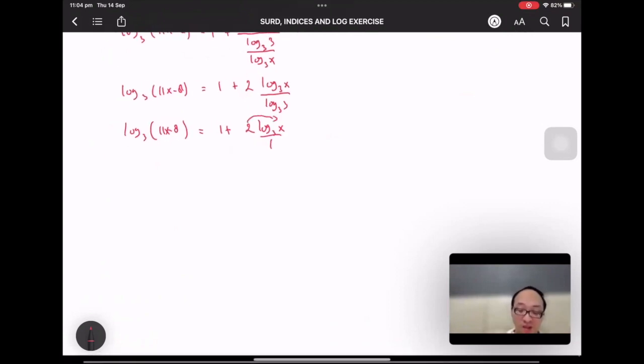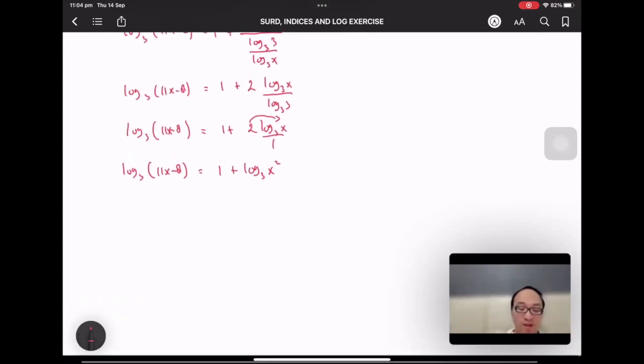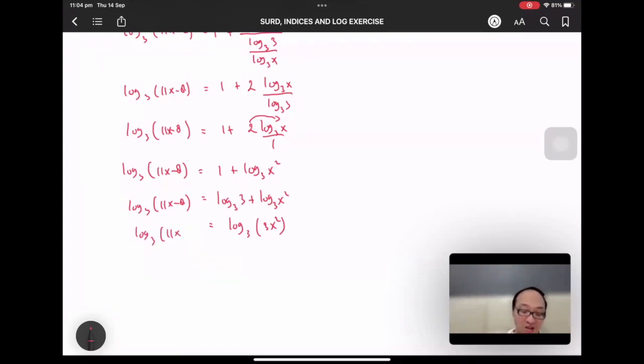And then I can put the power: log 3 of 11x minus 8 equals 1 plus log 3x squared. And the 1 here can be changed into log to the base 3, log 3 of 3. I can combine the right side into multiplication. So 3x squared. And this is log 3 of 11x minus 8.